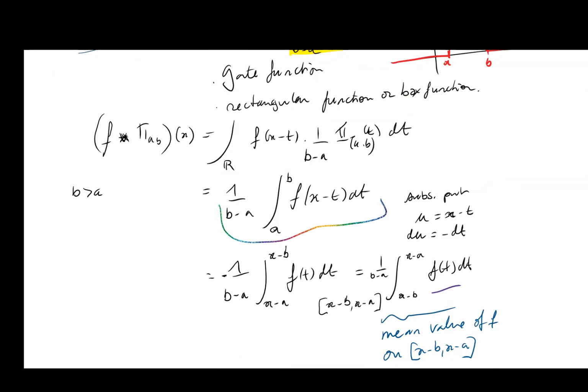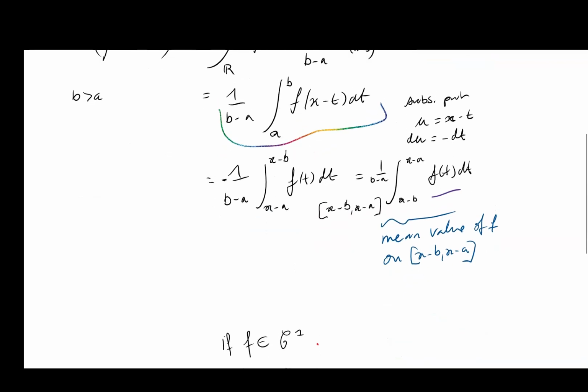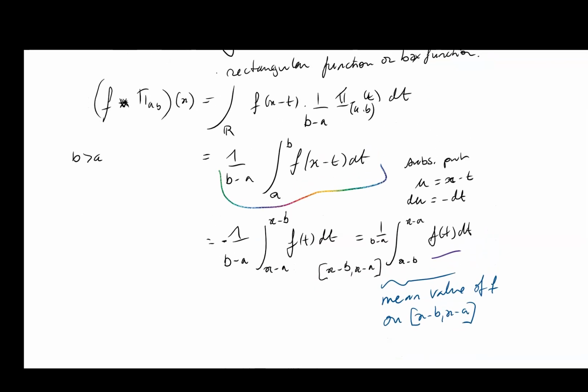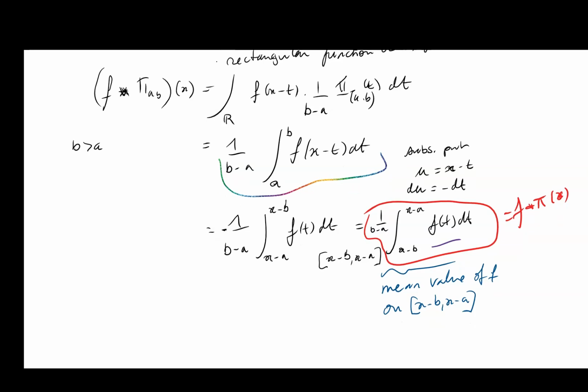We did the calculation, we obtained this, and we got the formula of the convolution of f with that pi, which makes a function of x. I've also already given the interpretation of this convolution as the moving average of the function f on an interval of size b minus a.